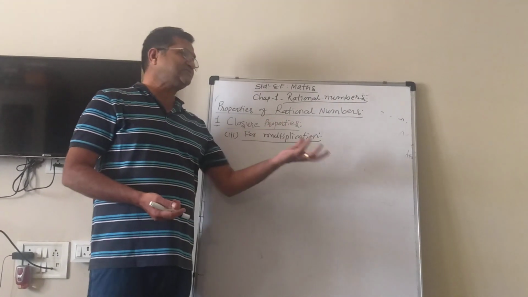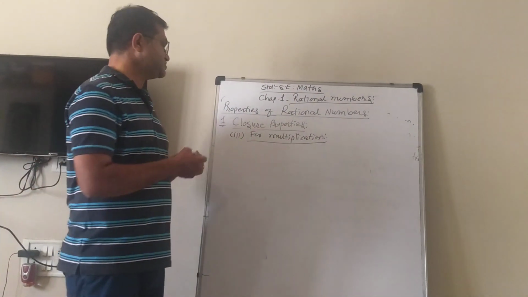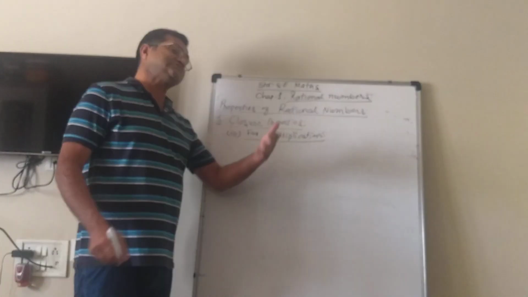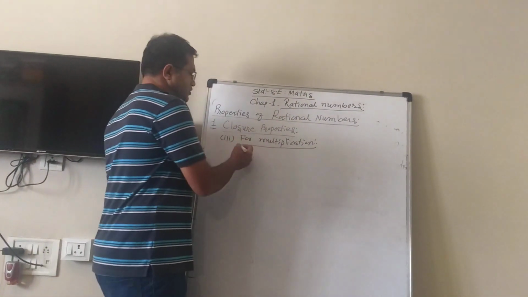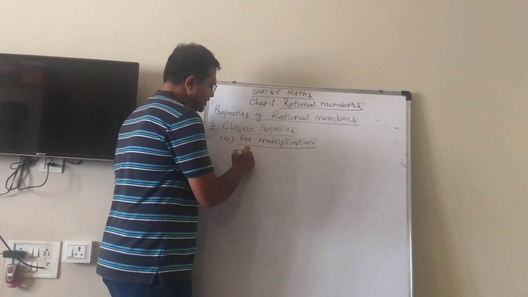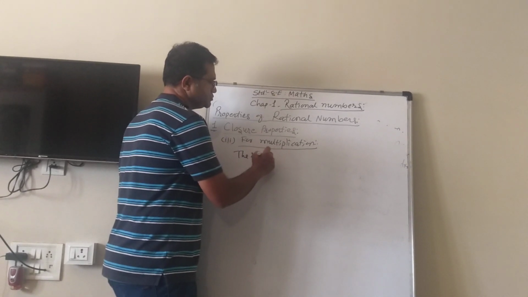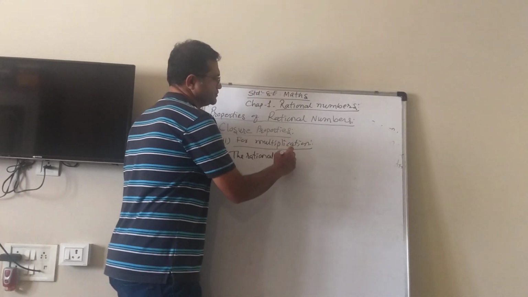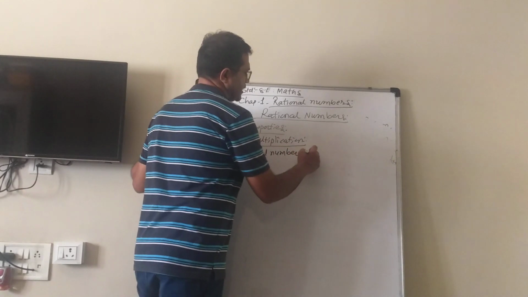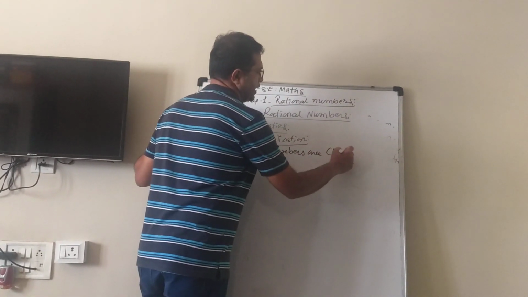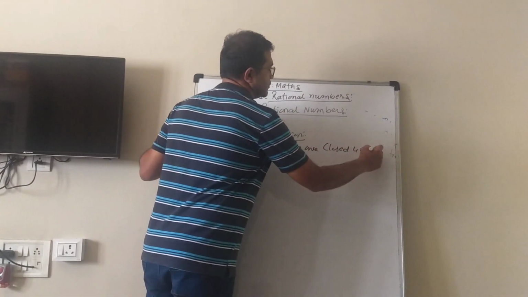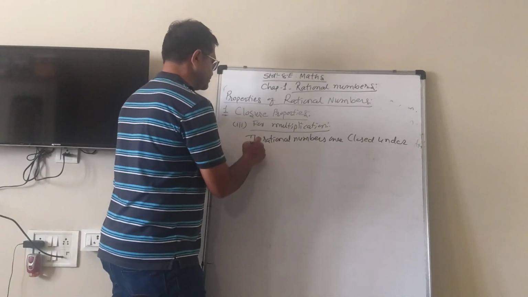So it is the same as with integers, and the answer is again a rational number. So we can write down: the rational numbers are closed under multiplication.